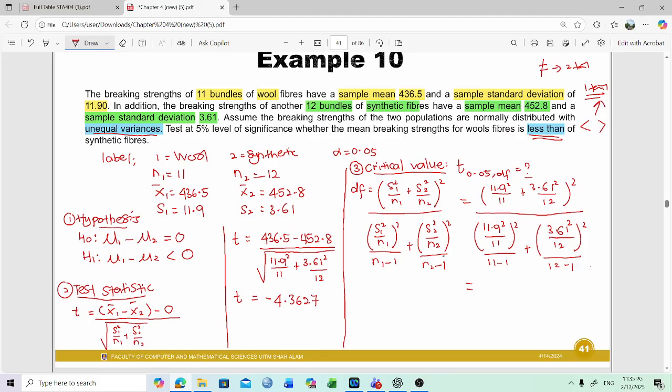By using the scientific calculator, you will get 11.6827. For this one, your DF will be equal to 11.